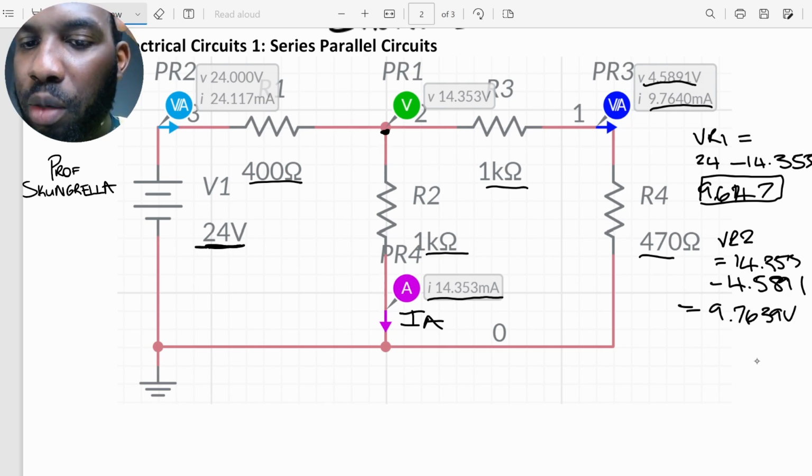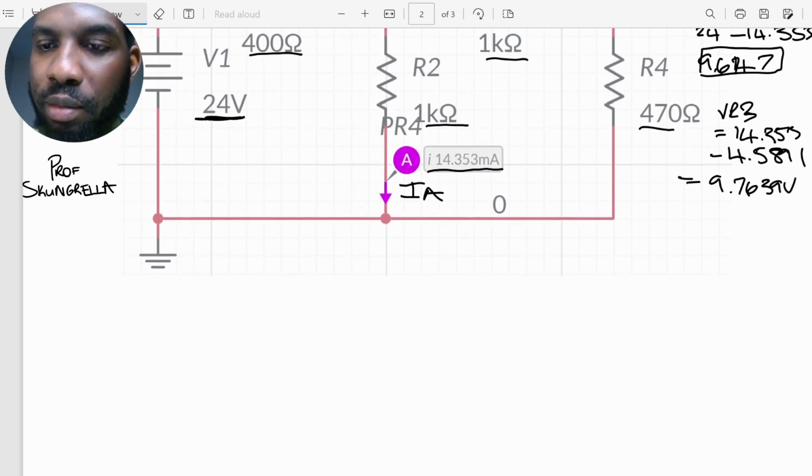So this is the voltage drop across this R3 as well. This is VR3, right? And of course, the voltage drop across this resistor is going to be 4.5. So let's solve this as we go.